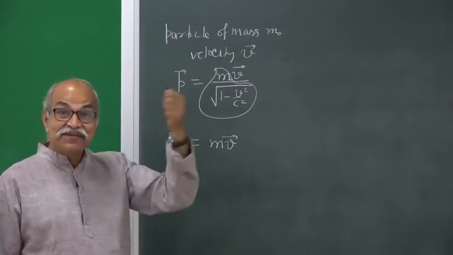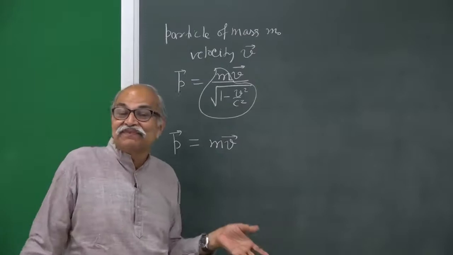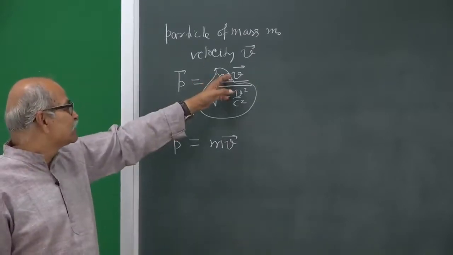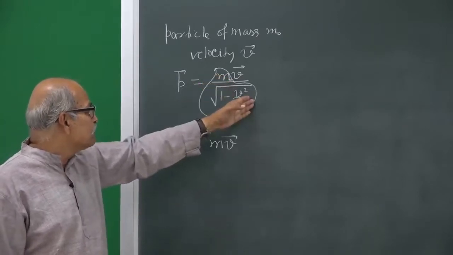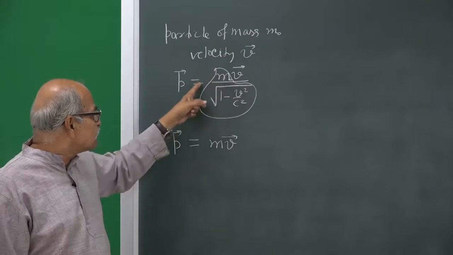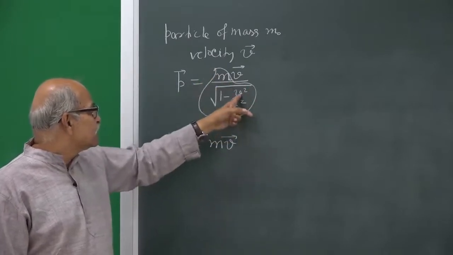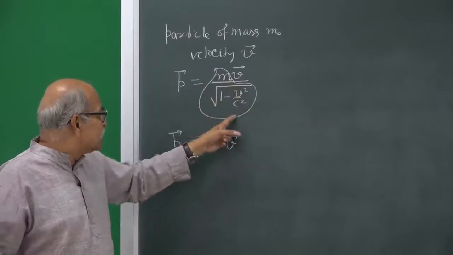The e by m ratio has played a very crucial role in the development of all this modern physics, you know that. So, mass is a property of the particle, and then if the particle moves with a speed v, then you construct this mathematical quantity which depends on what speed the particle is moving, and you will have to give it a different name.